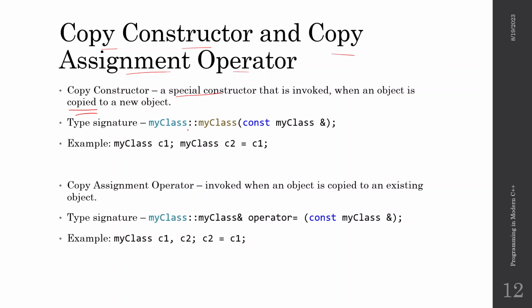Let us say that we have a class, we have an object of type my class, and we are creating a new object C2, which we are copying from C1. Then this constructor is called, and the type signature of this constructor is this.